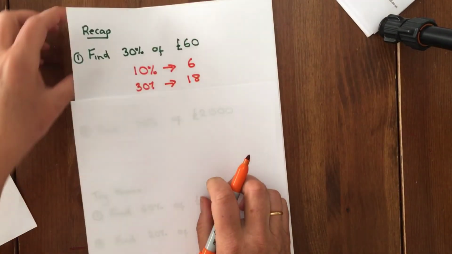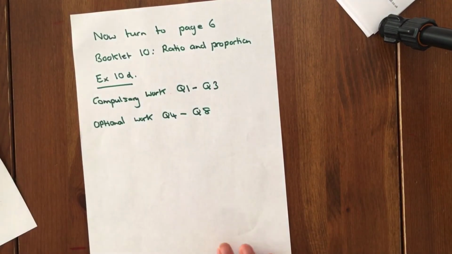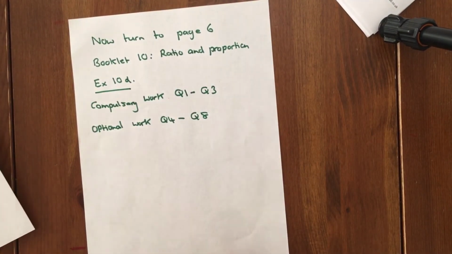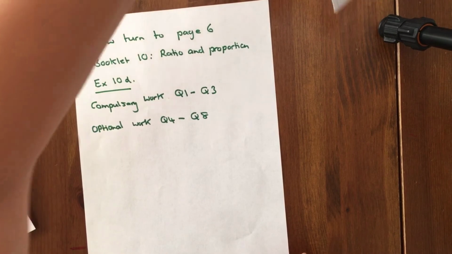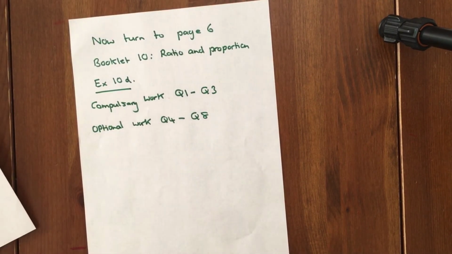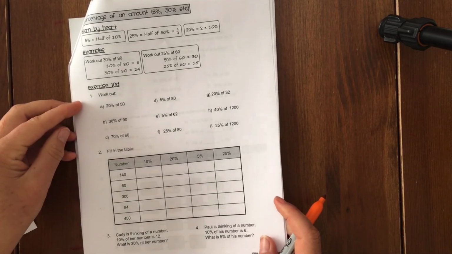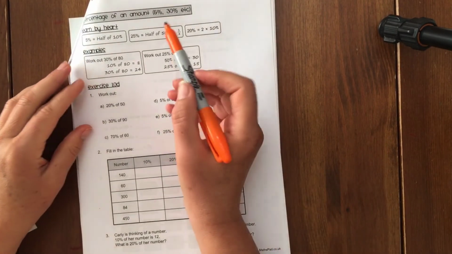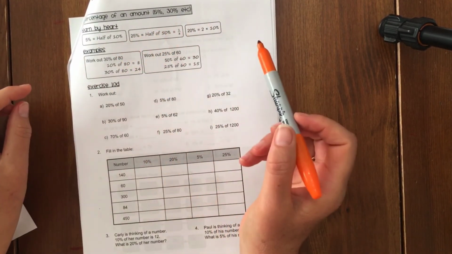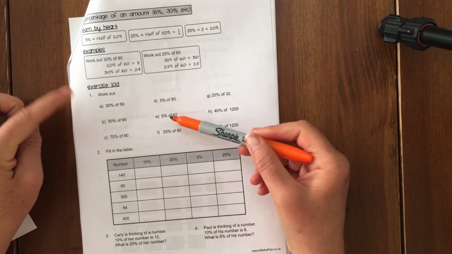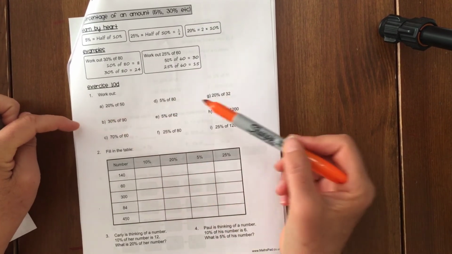Right, so what I want you to do now, please, is turn to your booklet. You're going to now look at page 6 of your booklet, which is finding 25% and 5% and other percentages.